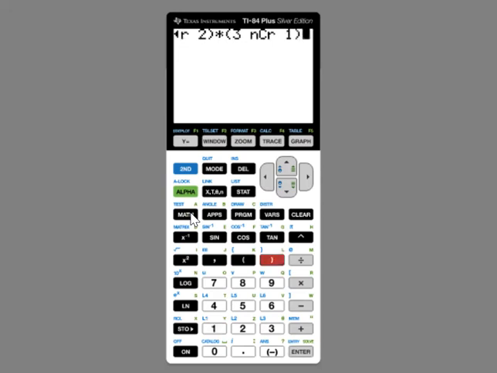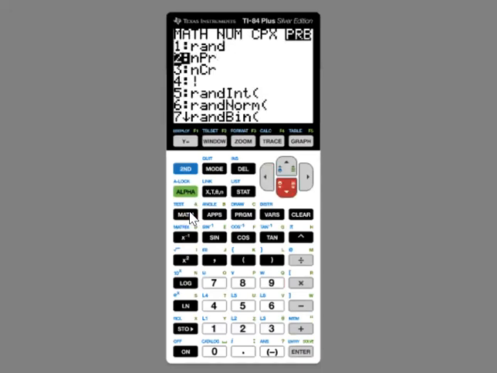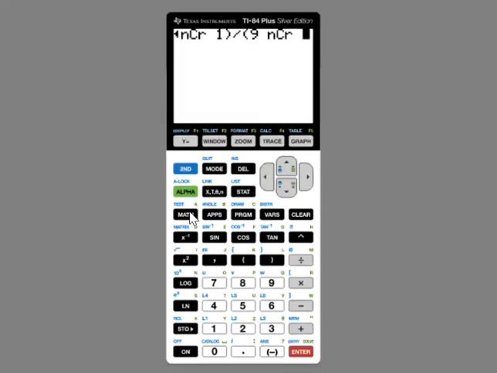The numerator part is done. So divided by the denominator, which is the combination of the n, which is 9, go to math PRB, option 3, and then the R of the denominator is 3. Close it, hit enter. We have the fraction.